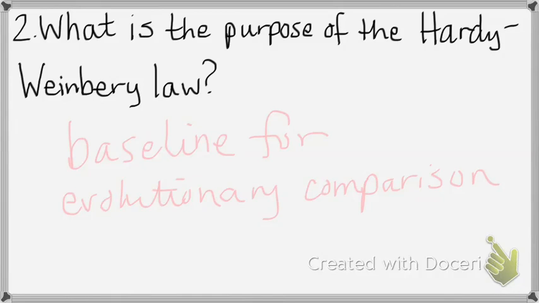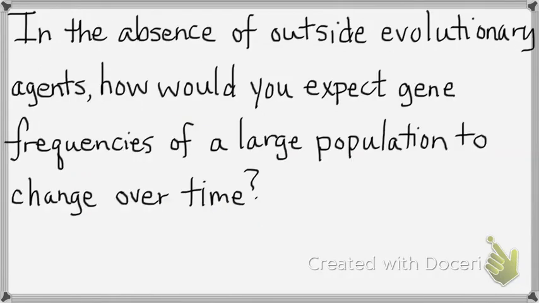Okay, now remember Hardy Weinberg said that if a population's not evolving, it's in equilibrium, and that its gene frequencies will not change. So, here's the next part. In the absence of outside evolutionary agents, that means no evolution, how would you expect gene frequencies of a large population to change over time? They won't.